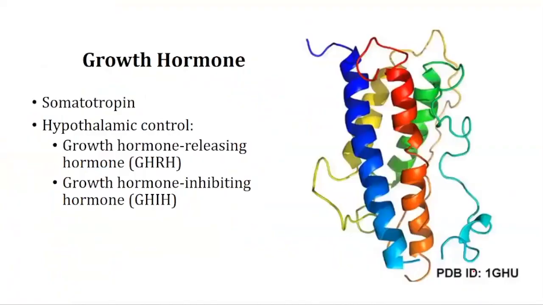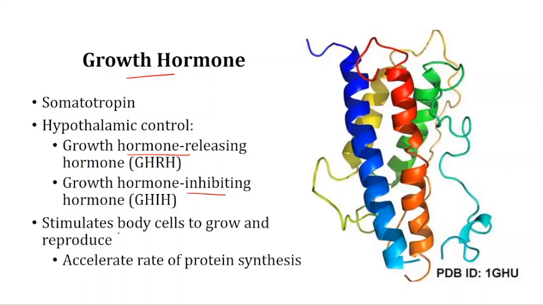One other example of the function of anterior pituitary, production of growth hormone. Another name for growth hormone is somatotropin. Depending on what regulating hormone is released by hypothalamus, either growth hormone releasing hormone or inhibiting hormone, you're going to produce different levels of somatotropin.